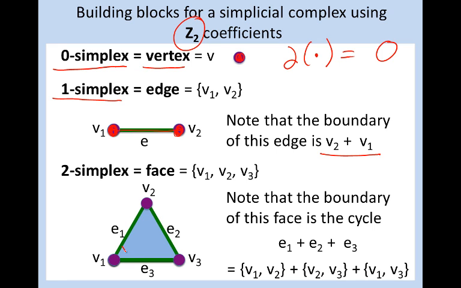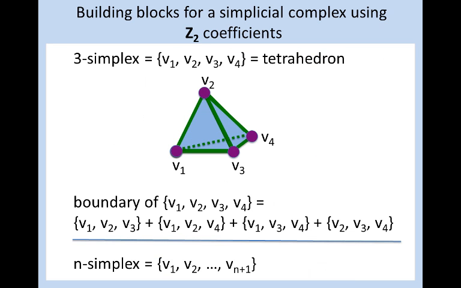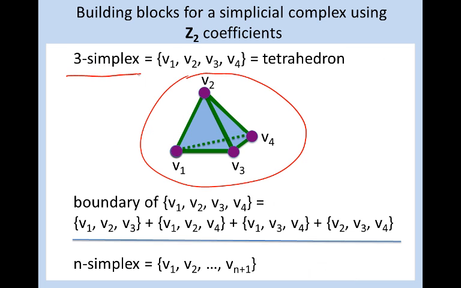We can also have 2-dimensional faces, also called a two-simplex, where the boundary of a two-dimensional face is the sum of its one-dimensional boundary edges, E1 plus E2 plus E3. We can also have a solid three-dimensional tetrahedron, also called a three-simplex.